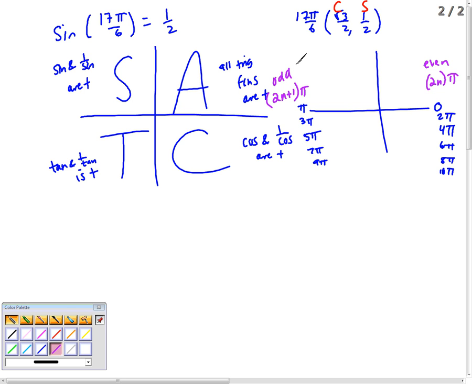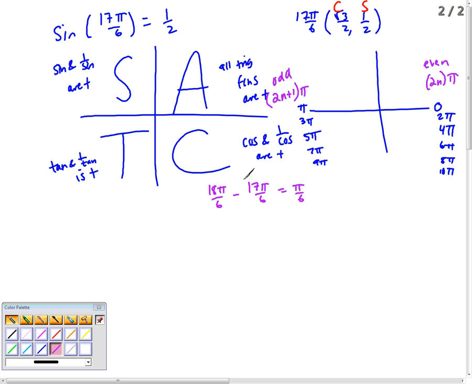So I want to compare 17 pi over 6 to some whole number that can be reduced. I'm going to use some fraction in terms of 6's, but I want it to be reduced to a number times pi. What's the closest number to 17 pi over 6 that can be reduced to a number times pi? 18 pi over 6. If I have 18 pi over 6 minus 17 pi over 6, I have pi over 6 remaining.